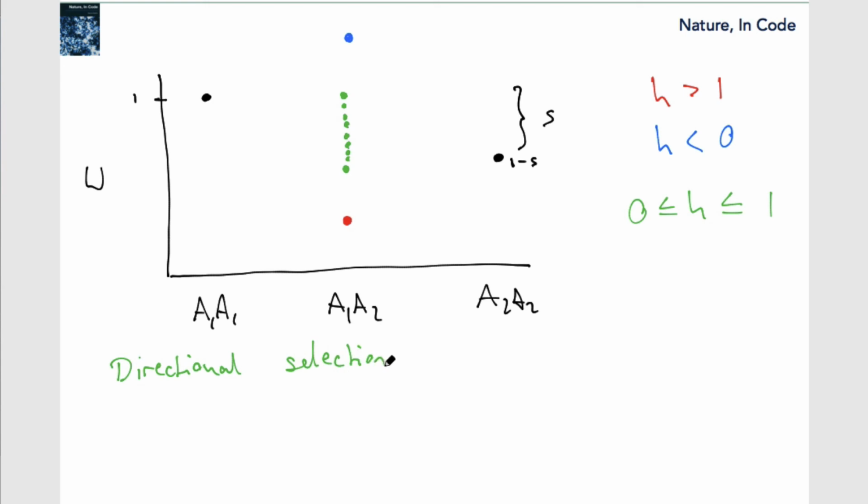It's a specific type of selection. Now, if we have this peak, we call this balancing selection. And finally, with the valley, where the heterozygote has the lowest fitness, we call this disruptive selection.